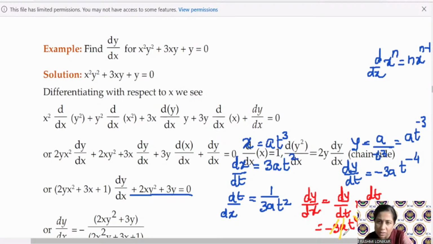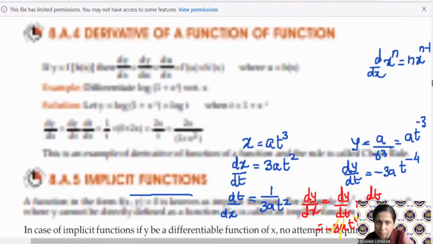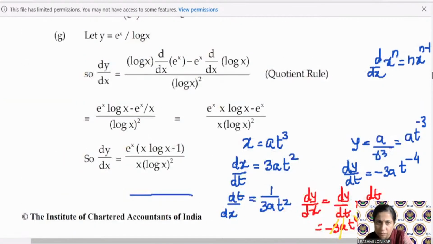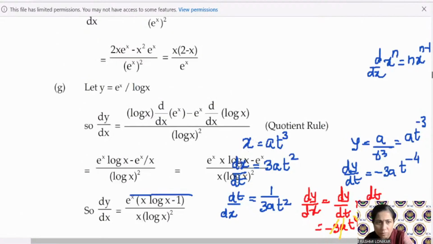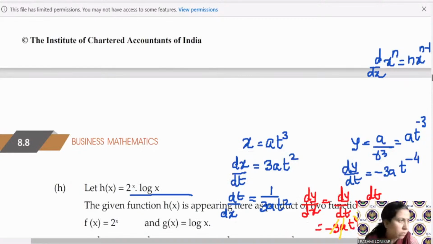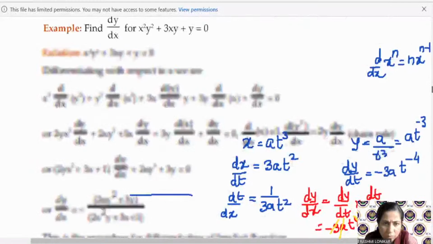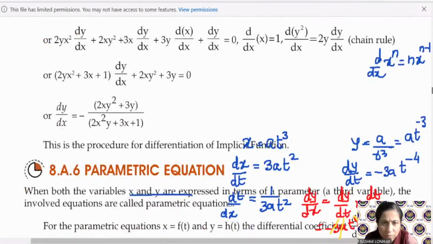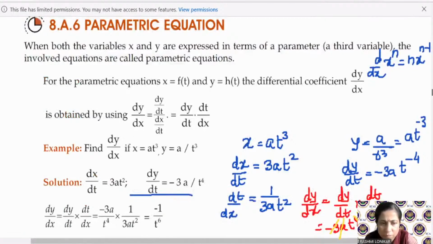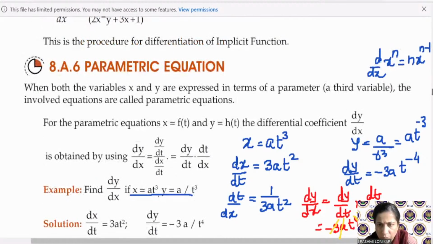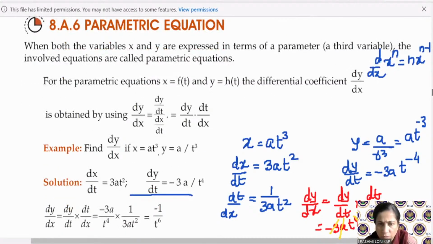What is left? Minus t square. Oh, this is minus 4.